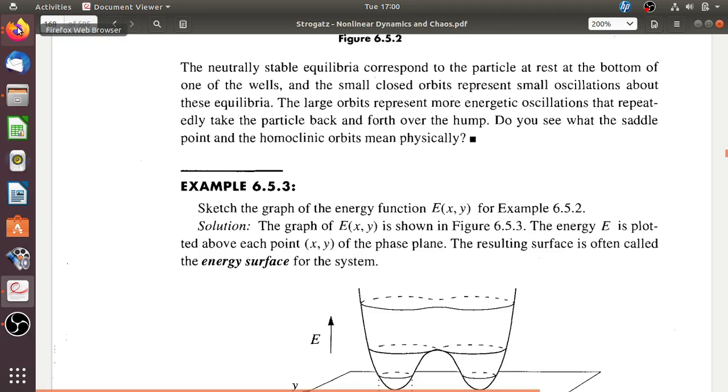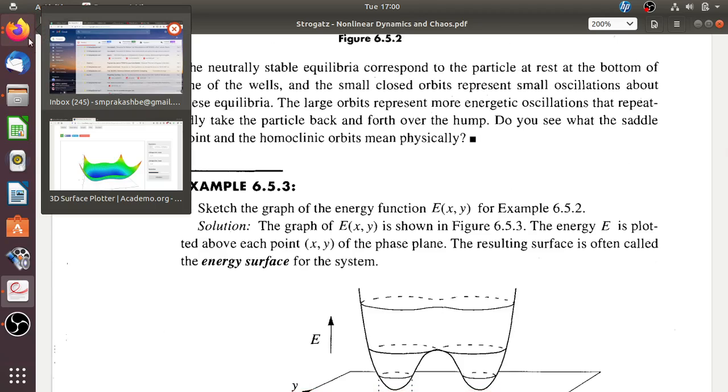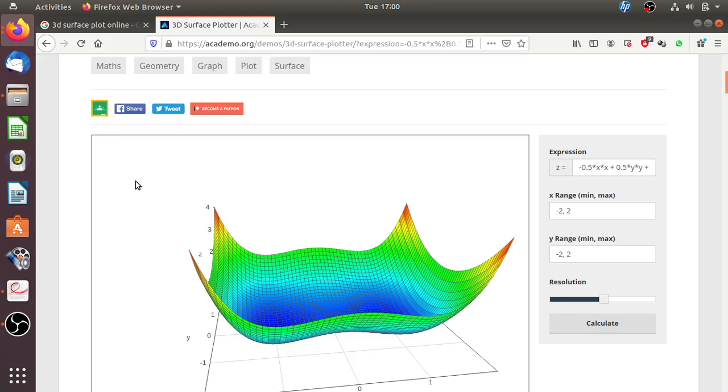There are some online tools available to construct the 3D surface. Just look at this one, and you could use this. Here, in the place of E, this is E actually, and I have written the equation. Then I have plotted within this range of x and within this range of y.